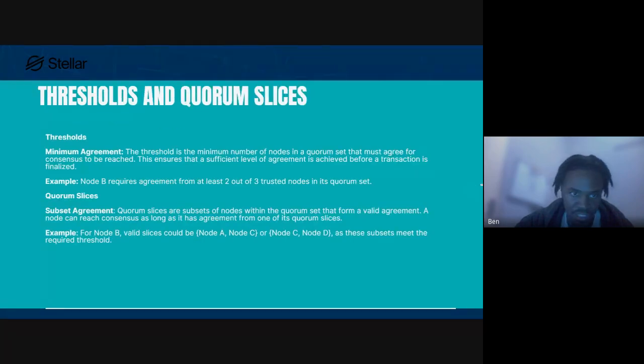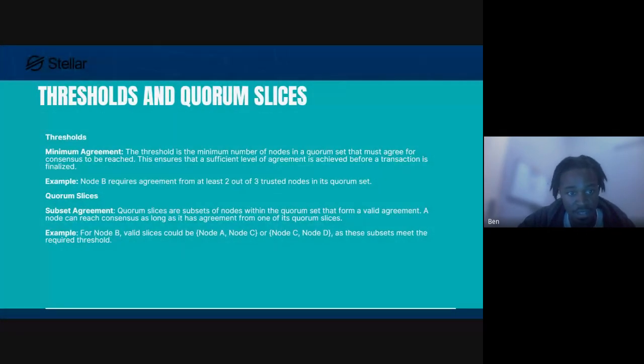Another important thing that you need to know is the threshold and the quorum slices. The threshold is the minimum agreement. The threshold is the minimum number of nodes in a quorum set that must agree for a consensus to be reached. For example, node B requires agreement from at least 2 out of 3 trusted nodes in its quorum set.